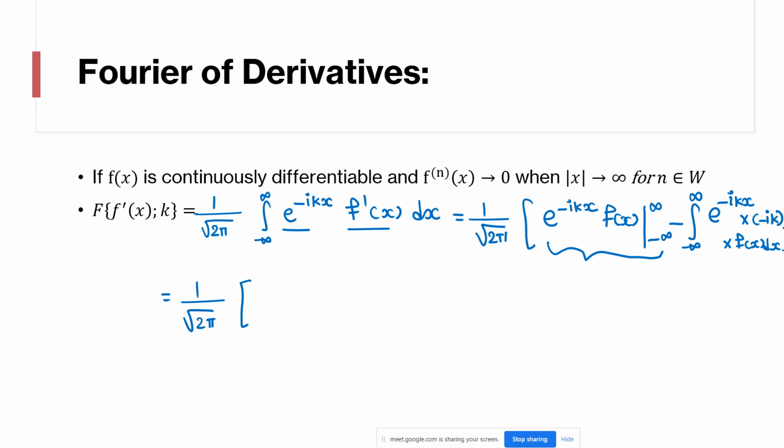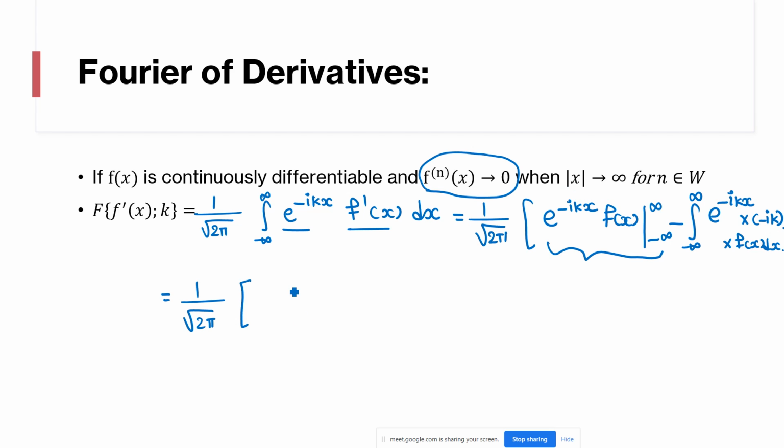Substitute the limit and see. We have considered a special kind of function. We will be working on those kinds of functions which converge to zero whenever x approaches infinity. That is a basic requirement that we are considering.